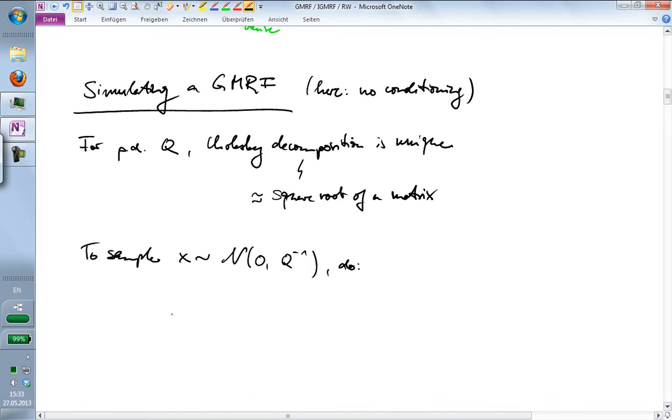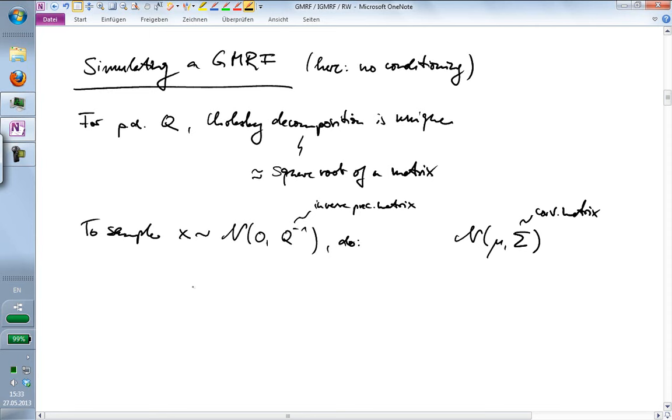So, in this notation here, normally you specify a normal distribution with its mean and its covariance matrix. And now rather than write the covariance matrix, I've used here the inverse precision matrix because I assume that you are given the precision matrix at the outset and you want to sample from the corresponding Gaussian process.